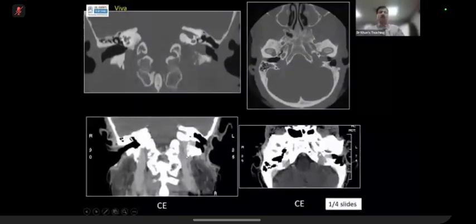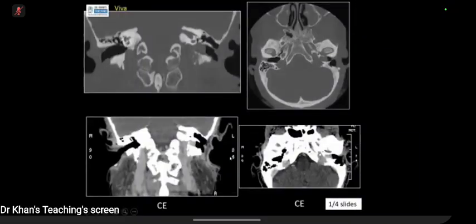Please describe the lesion and give me your diagnosis. Over to you. Okay, there are multiple still images of the base of the skull. In coronal and axial, there is bony erosion of the jugular foramen, and there is an enhancing soft tissue mass seen within it.